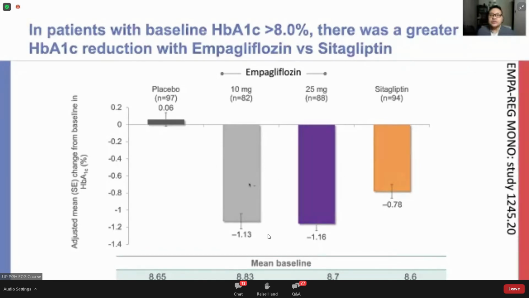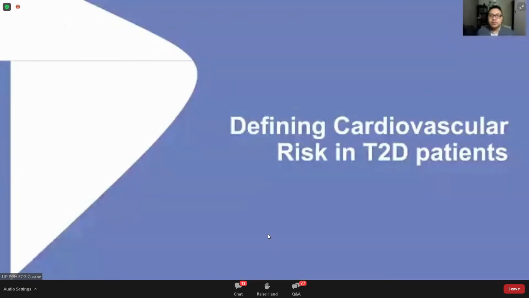Comparing the 2 doses of empagliflozin, 10 or 25 milligrams once a day, did not show any significant difference. This has established that empagliflozin could be part of treating your diabetic patients to reduce HbA1c and get them to goal.